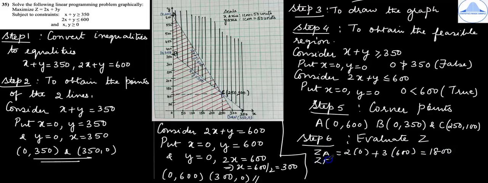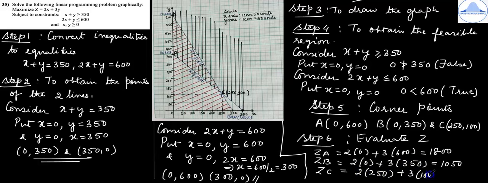And ZB is 2 into 0 plus 3 into 350, which gives us 1050 on simplification. And ZC is equal to 2 into 250 plus 3 into 100. So we get the answer as 800.